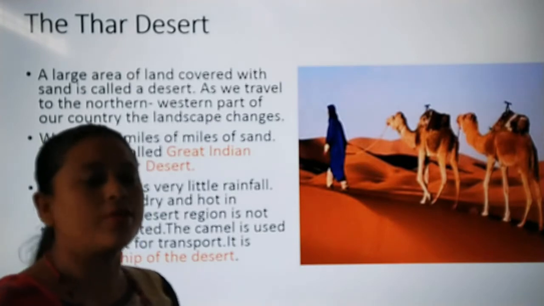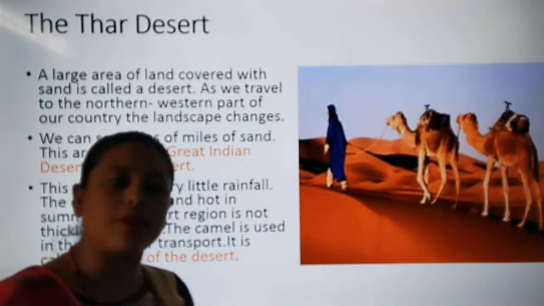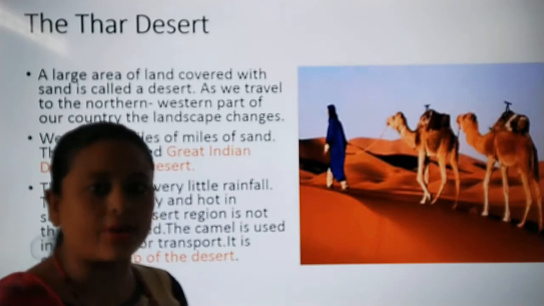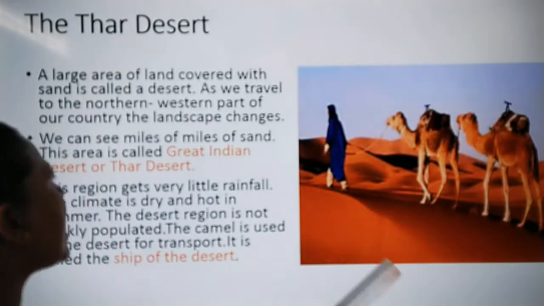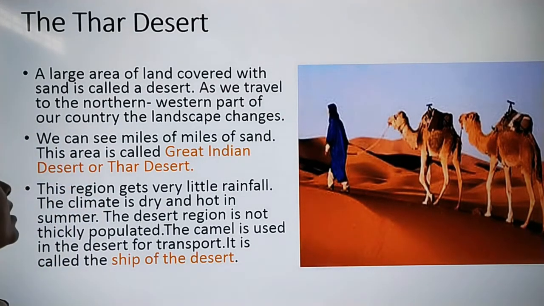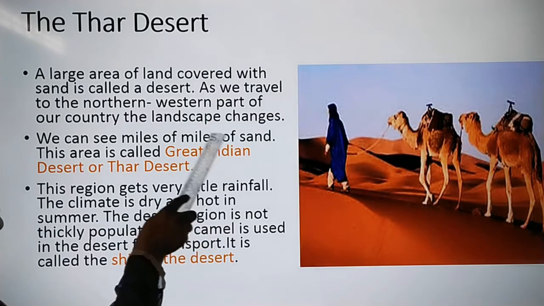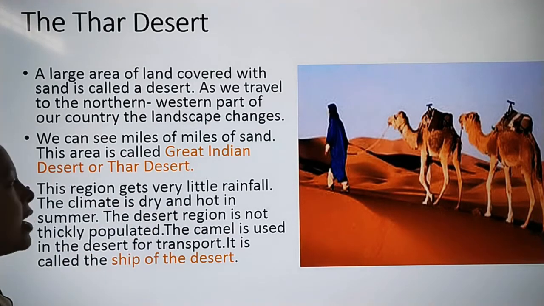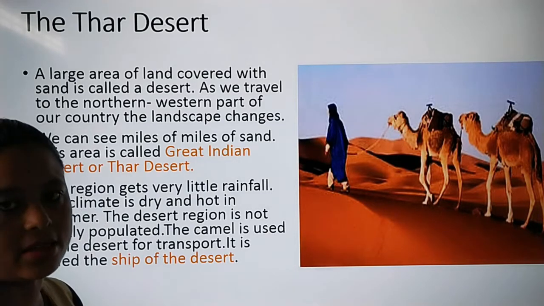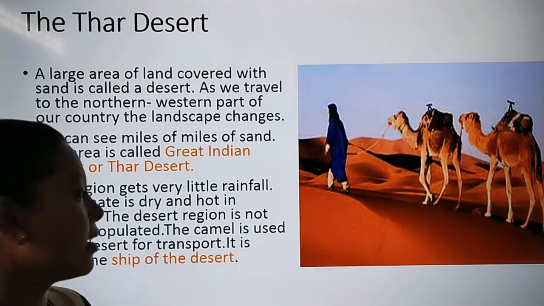That means when we look around, we can see only the sand. That land is called desert land and the name has been given the Great Indian Desert, or the Thar Desert also we can say.